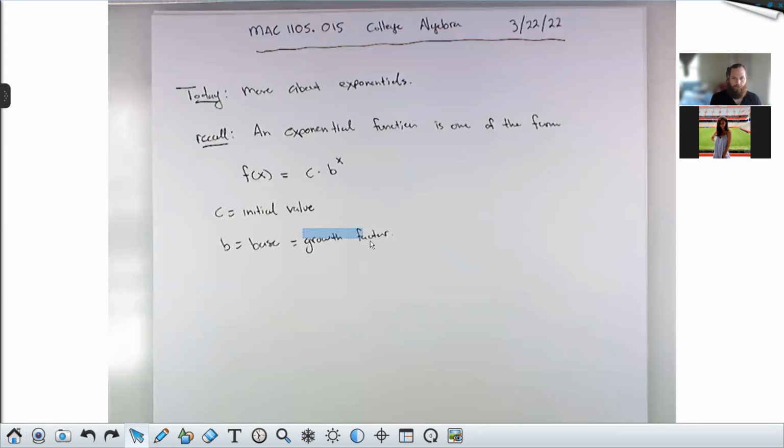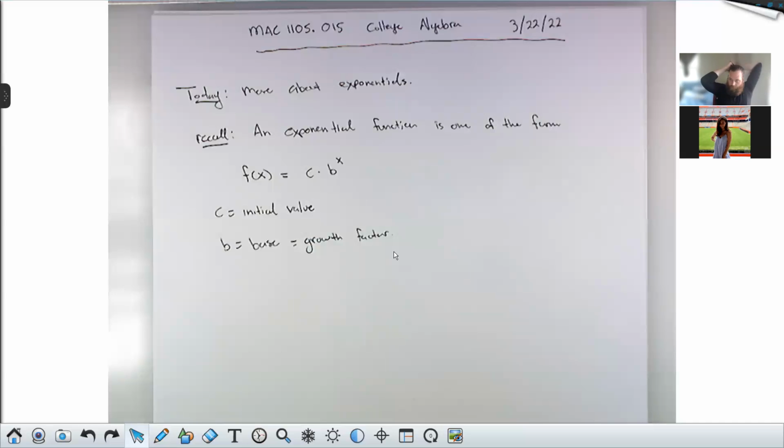So the first thing I want to do is introduce this idea of growth rates. We talked about growth factors and how this is similar to a slope. Remember we said last Thursday when we introduced these that linear functions are functions where every time x goes up by 1, the output has some constant added to it, right? And that constant that you add with a linear function is called the slope.